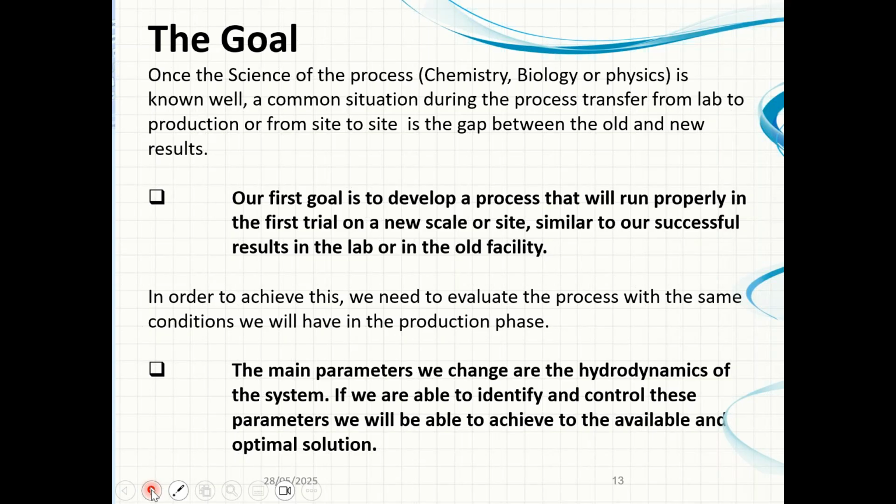Once we know that the main change is coming from the different geometry, which will be reflected in a different environment where the materials will interact between them and generate our process and our product, and we know what the main important mixing parameters are that generate this interaction between the materials in different equipment, we will be able to answer which equipment will be good for us, which equipment will not be good for us, and which situations or scenarios will not have enough knowledge.